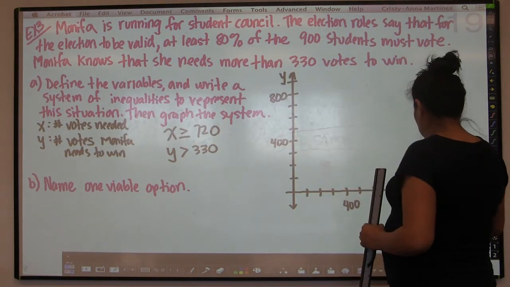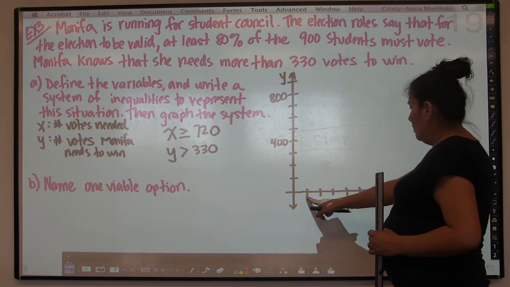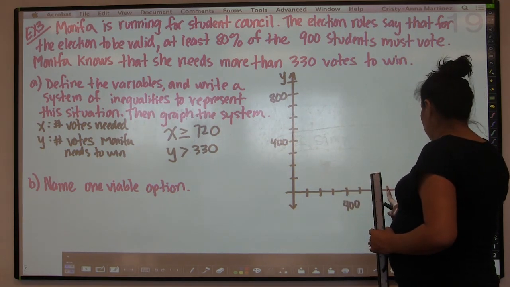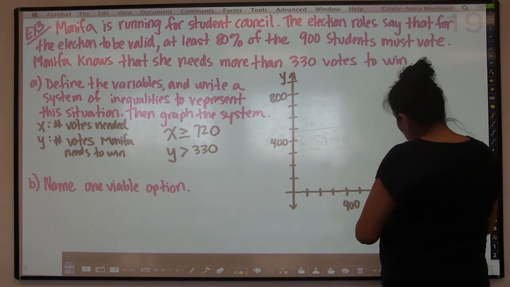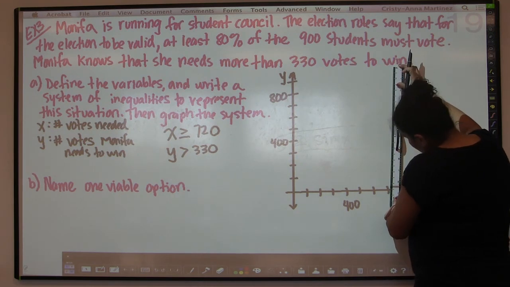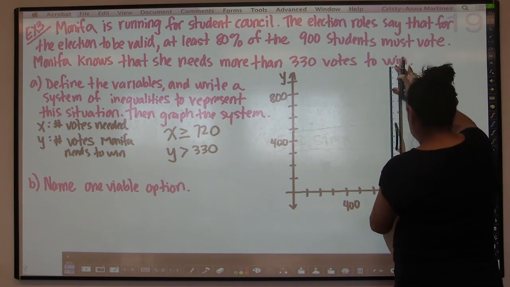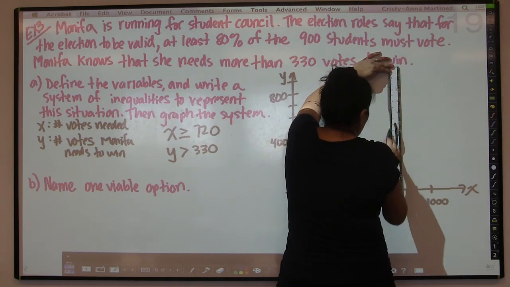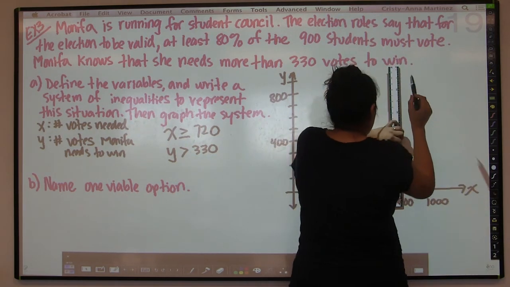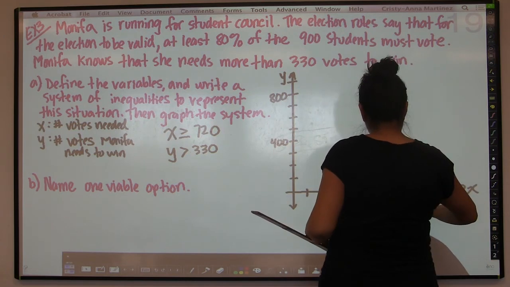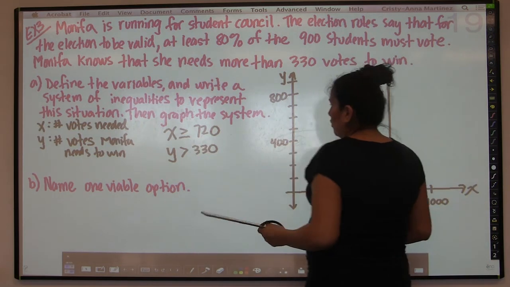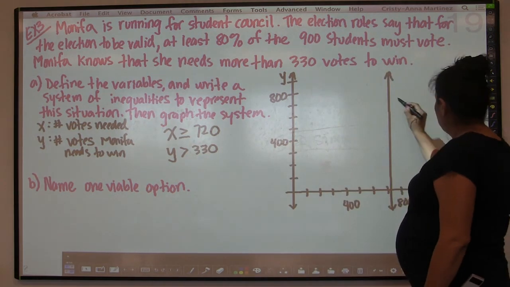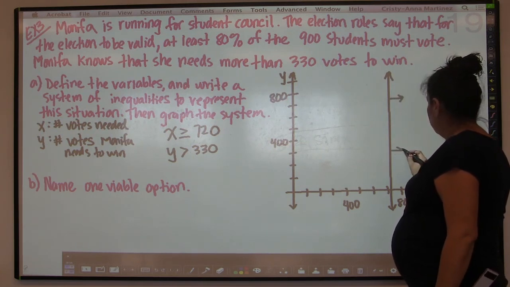Going by 1, 2, 3, 4, 5, 6, 700, this is 800. So somewhere pretty close to the 700 line, we're going to place a vertical line that basically represents that x's have to be larger than that line. So we're going to be shading in this direction.